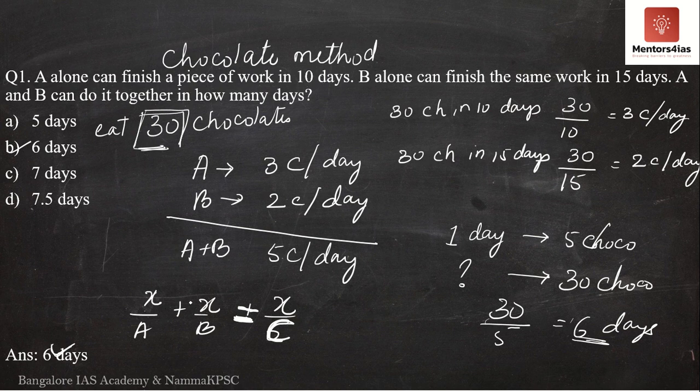It is x by a plus x by b is equal to x by c, where a is the number of days taken by a itself, that is 10. I am writing it as b, that is the number of days taken by b is 15, is equal to x by c, where c is the number of days taken to complete the entire work, where both a and b work together.